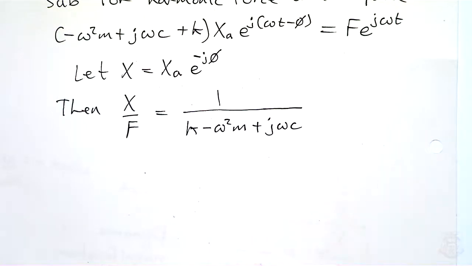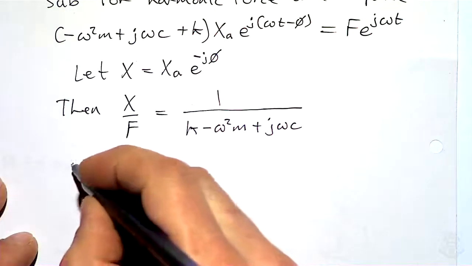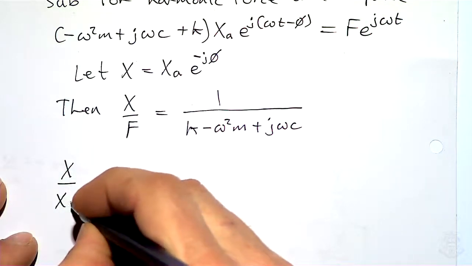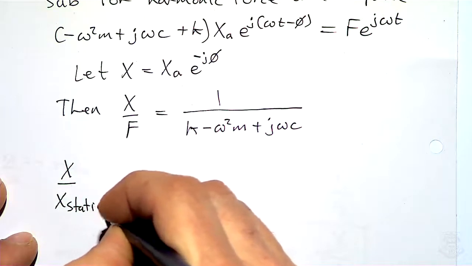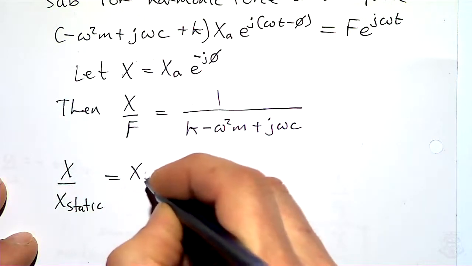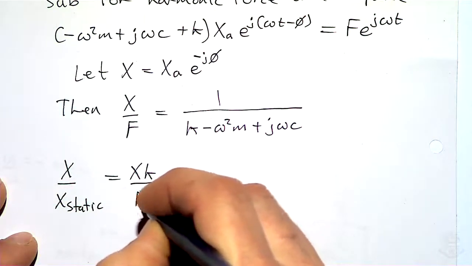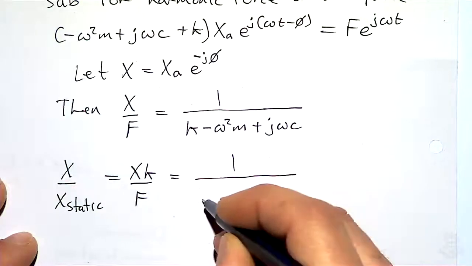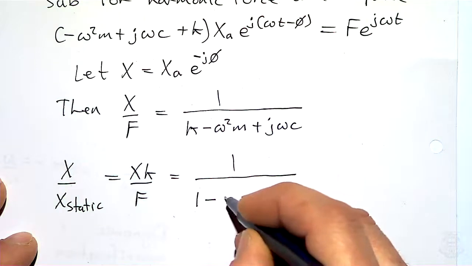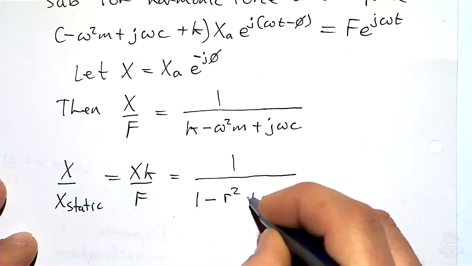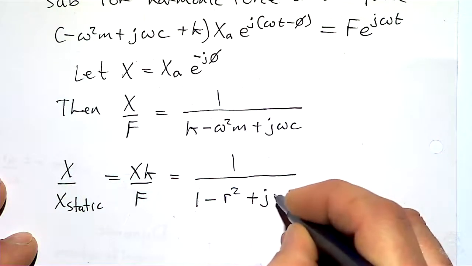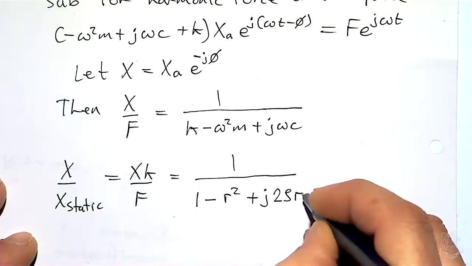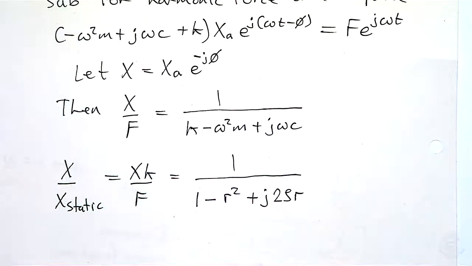Okay, so we want to do exactly the same thing by writing this in terms of x over x static, which remember was x k over f. So what we get this time is the same as last time, 1 minus r squared, but now we get a plus j 2 zeta r term on the right, which is our term associated with damping.